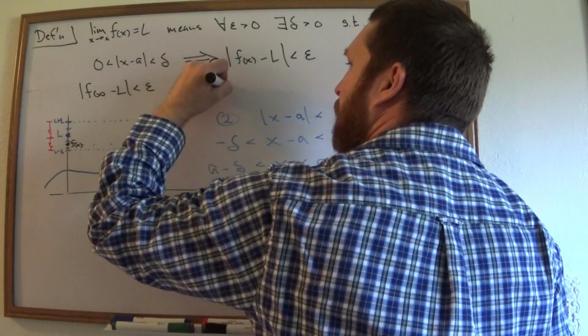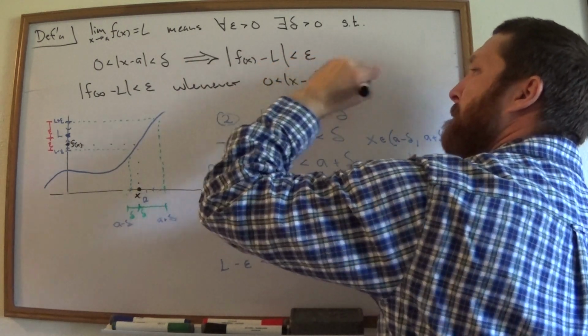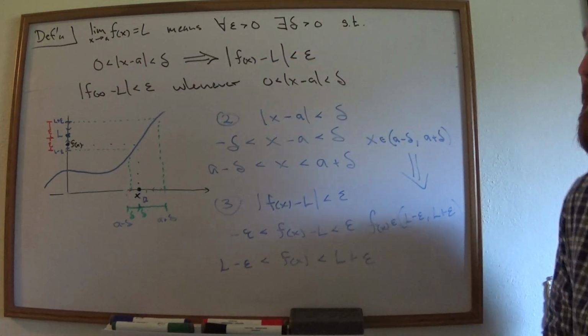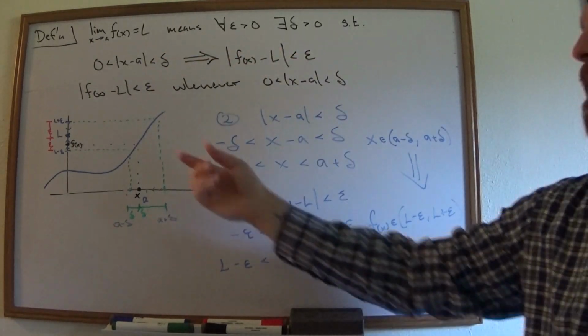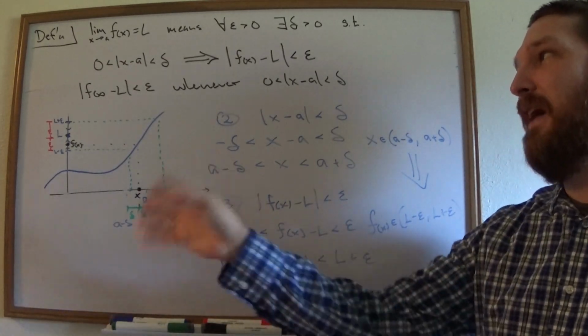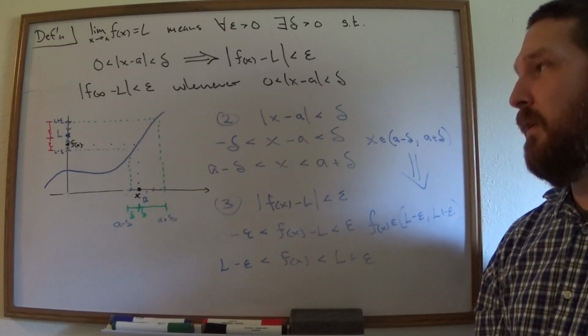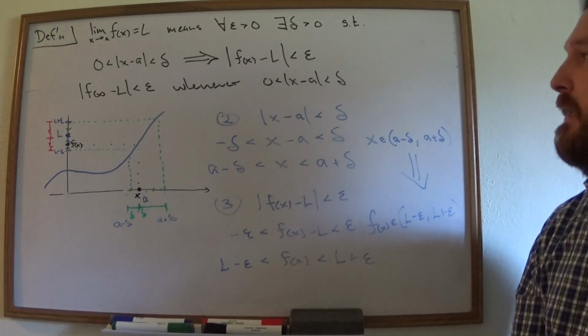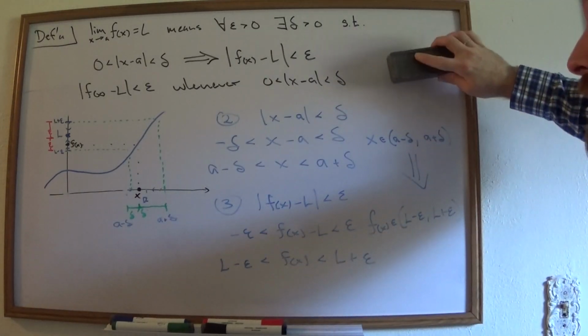whenever this is true. It means the same thing, right? If this, then this is the same thing as saying this whenever this. If A, then B means the same thing as B is true whenever A is true. You could do that, that's fine.